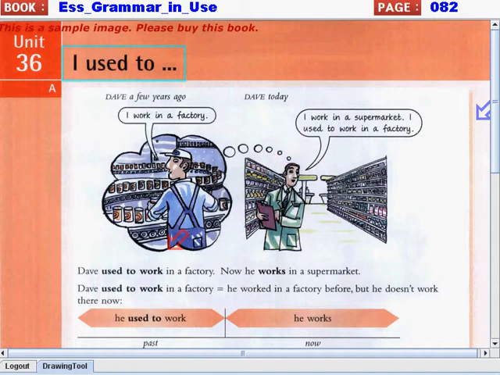The first sentence is in the present tense, because that's what he's doing now. The second one, "I used to work in a factory," is in the past tense.